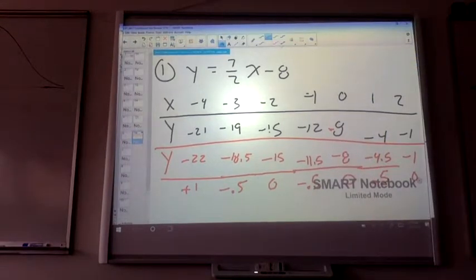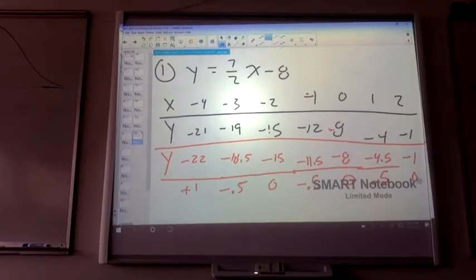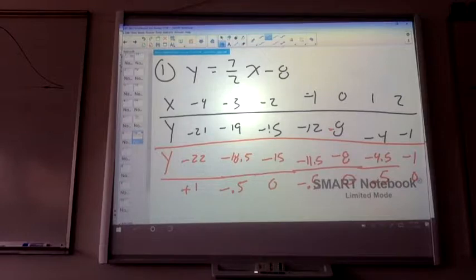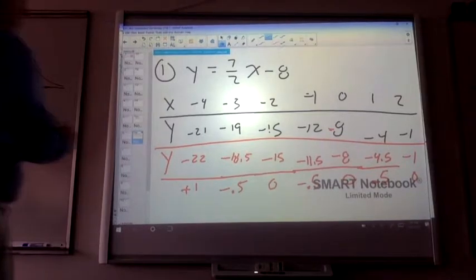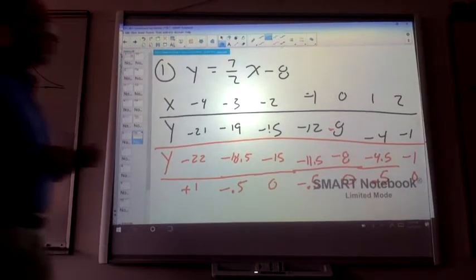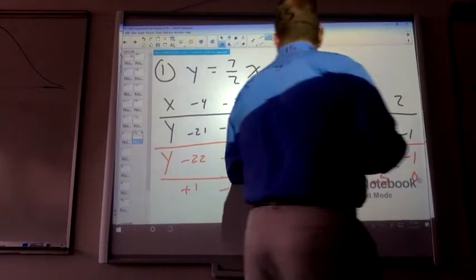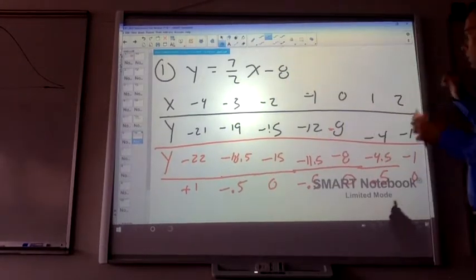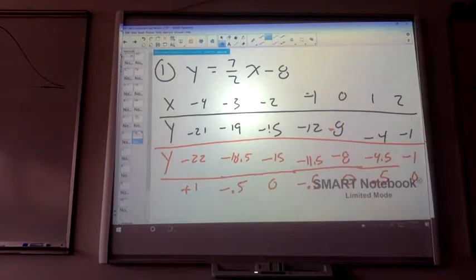Is there really a pattern? Like 4, 3, 2, 1, 0, 1, 2, 3, 4, 5, or anything like that? No. Is this good data? Yes. How did you get 4.5? Like when we just did 4.5. Which one are you looking at?